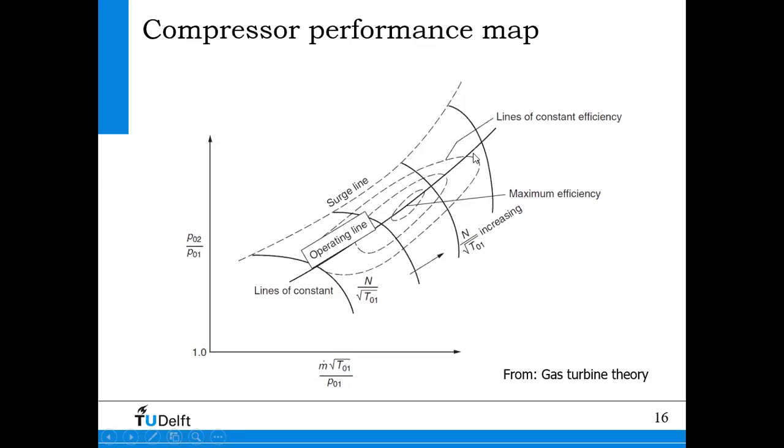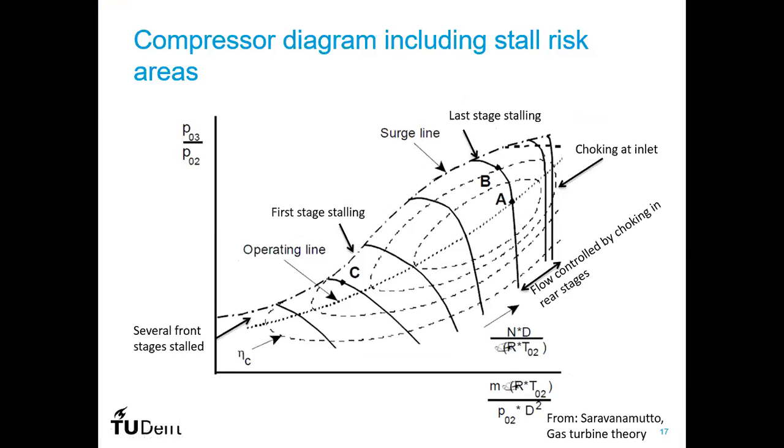And this is the normal operating line where you're running a gas turbine, especially a multi-shaft gas turbine. You try to operate it at a certain distance from the surge line. And we discussed this last time.